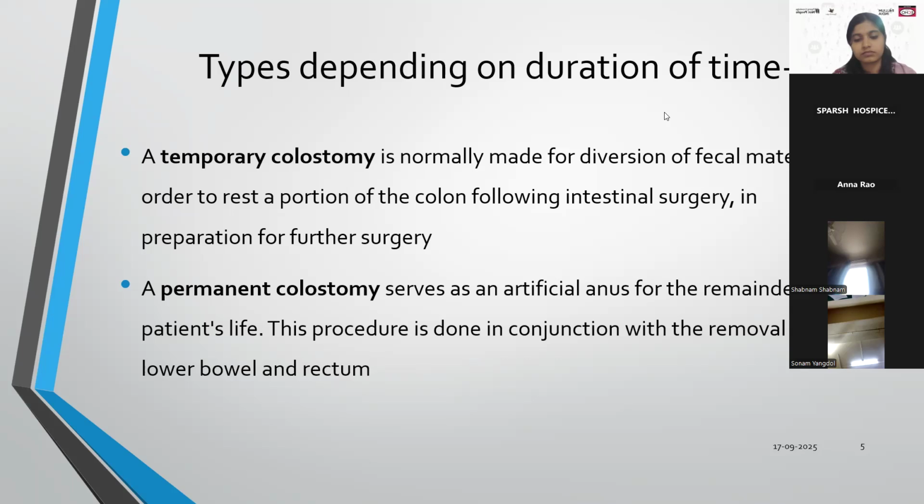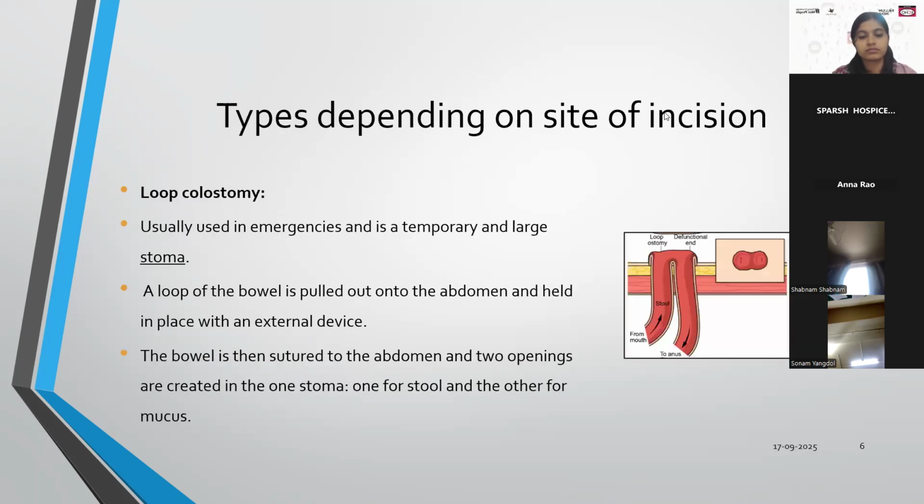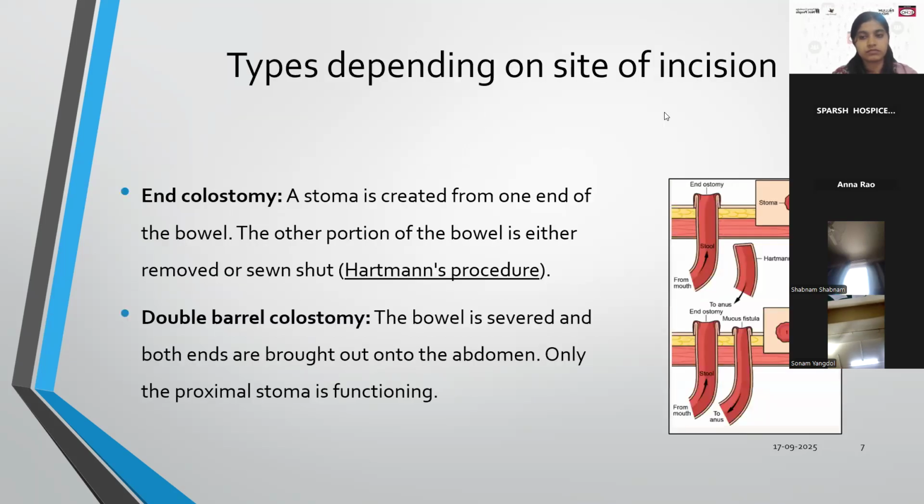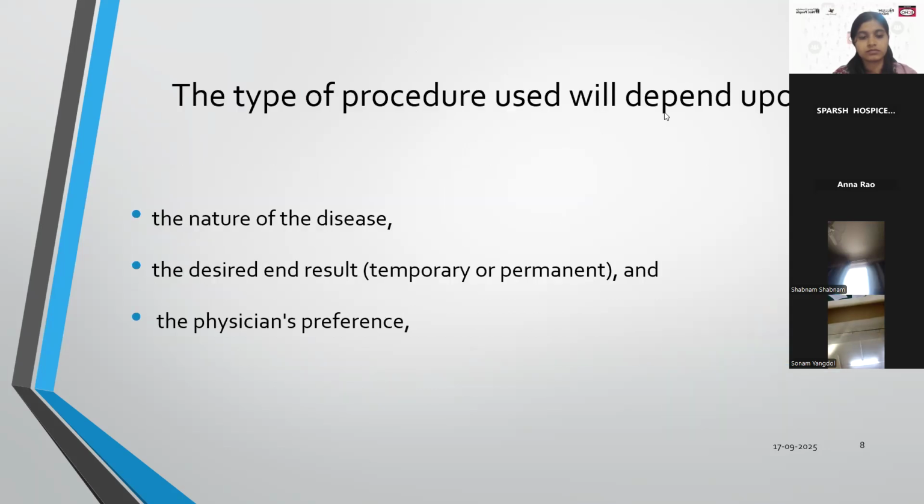The bowel is then sutured to the abdomen and two openings are created in one stoma. So it will be quite large in nature, right? Next slide, ma'am.